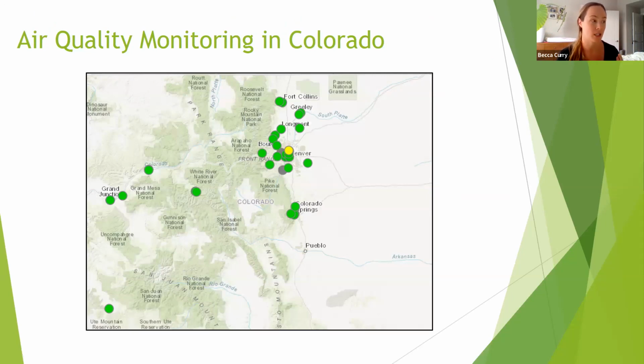So this doesn't include third-party and non-state monitoring, but the monitoring that they're doing is pretty limited, and it's very much focused on the criteria pollutants, and there's very little monitoring happening right now of toxics. In fact, we really just have one site that is looking at toxics, and it's out in Grand Junction. So I'll pause there. That was meant as an overview of air pollution in general, so we can see where ozone fits in the bigger picture.